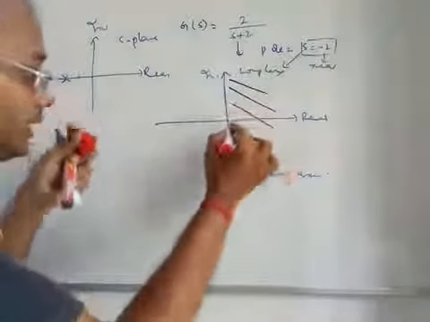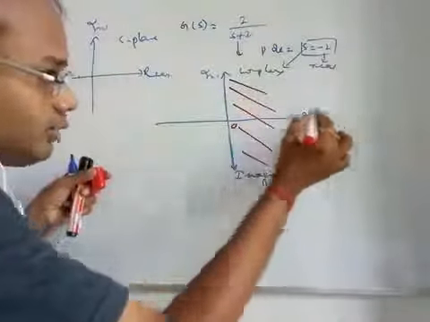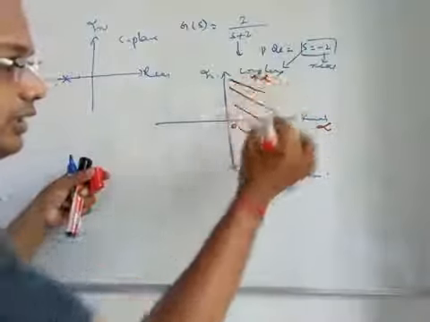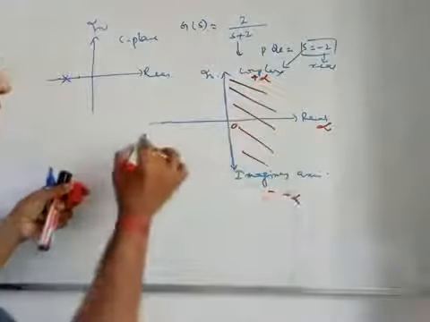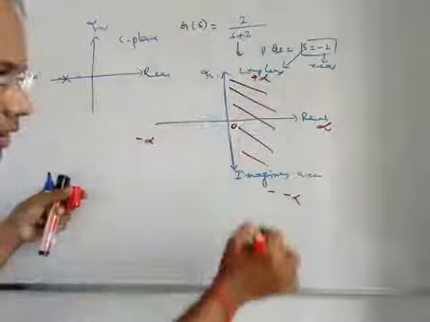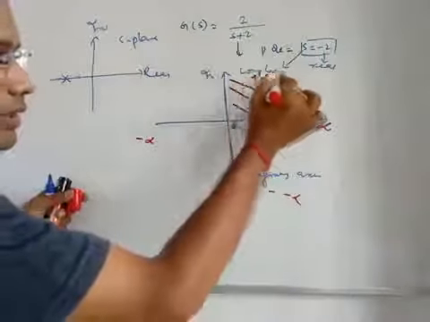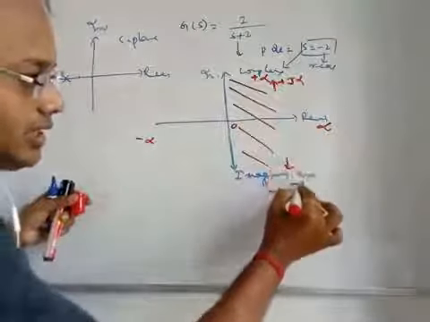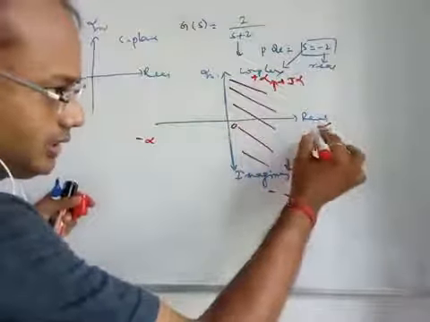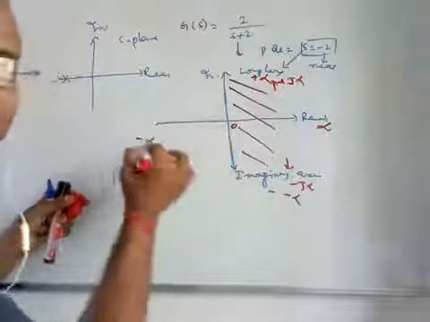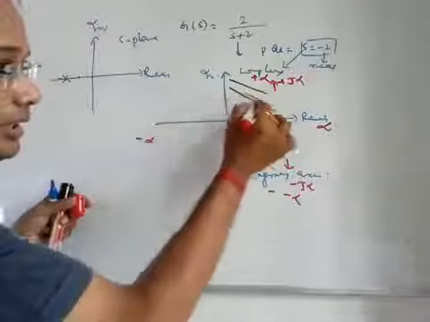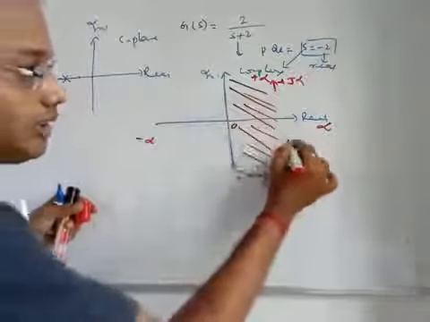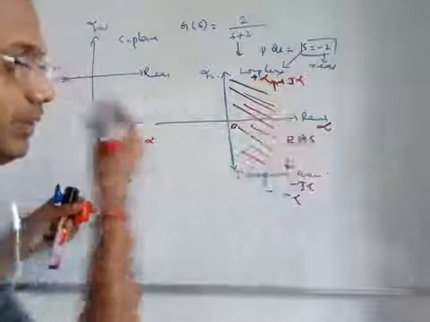That means this is your 0, this is up to infinity, this is infinity, this is minus infinity. Real values, that means this is plus j infinity along this axis, minus j infinity, this is real value of infinity, this is real value of minus infinity. So this side indicates the complete right hand side of the S plane, right?